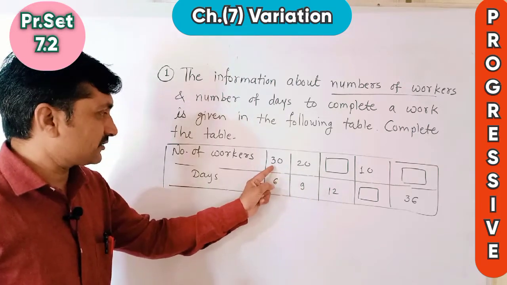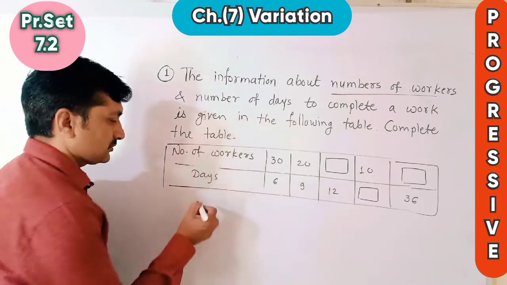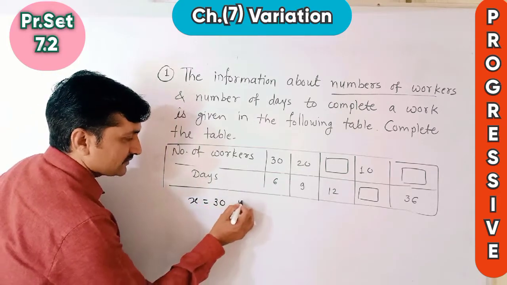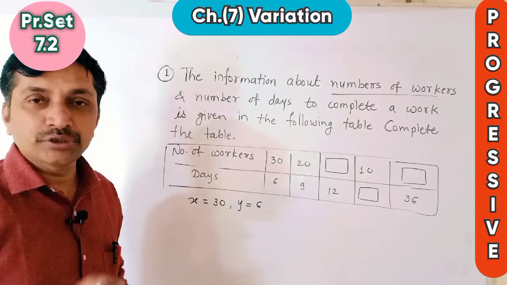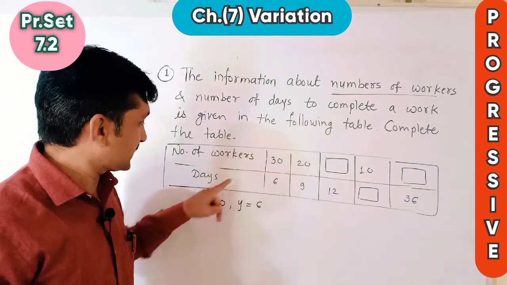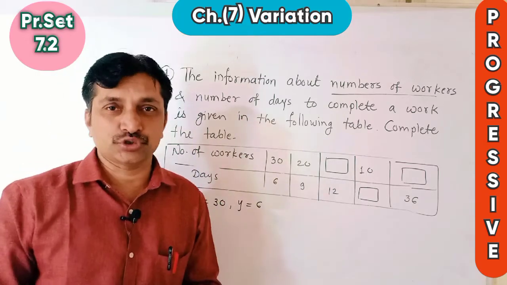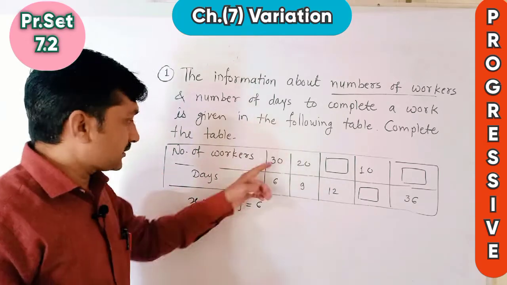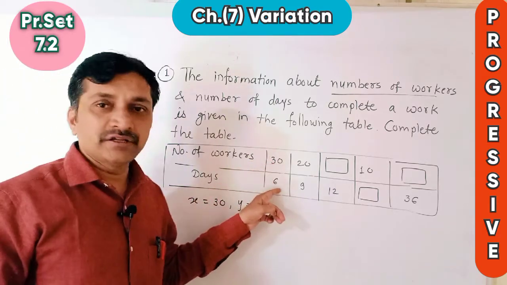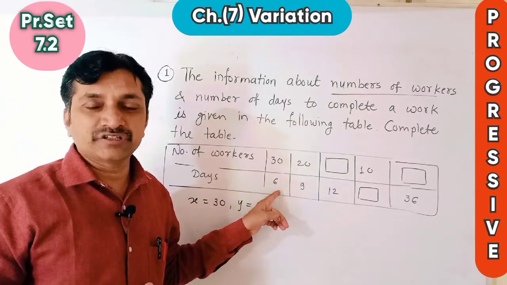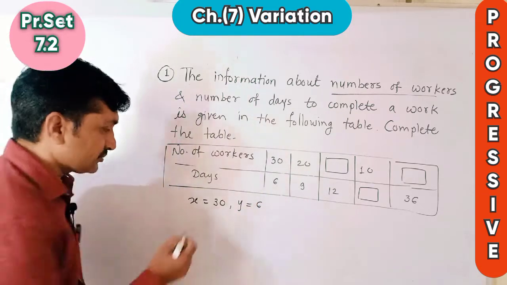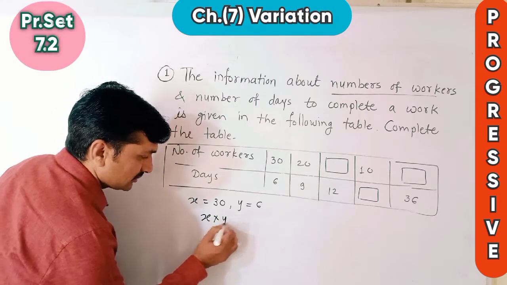If we take number of workers x, let's find k value. x is equal to 30, y is equal to 6. We know that number of workers and days are inversely proportional, and if related terms are inversely proportional, then their product is constant, means x multiplied by y is equal to k.